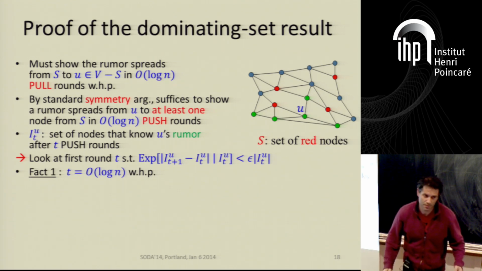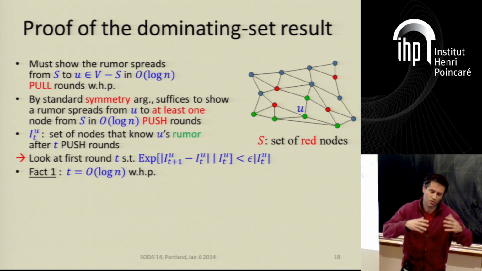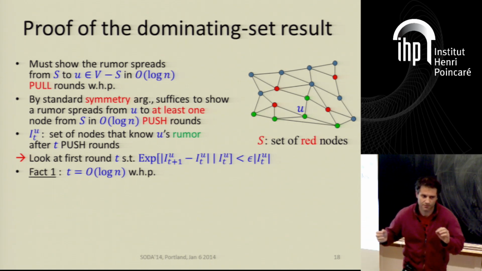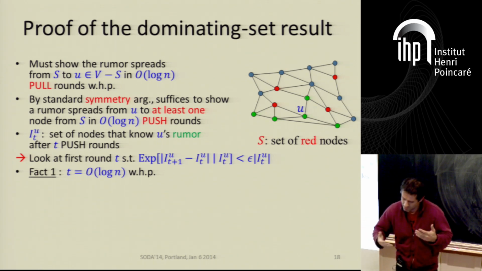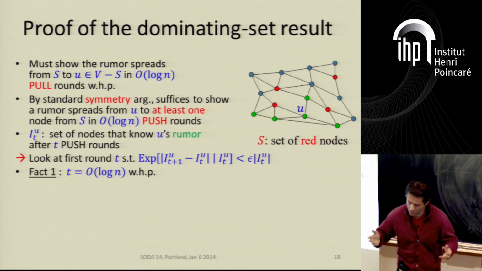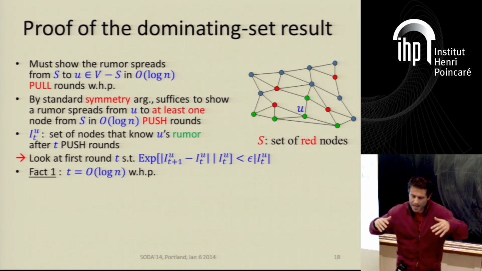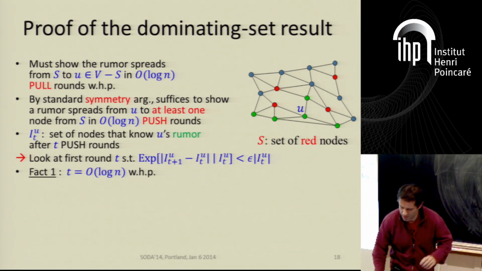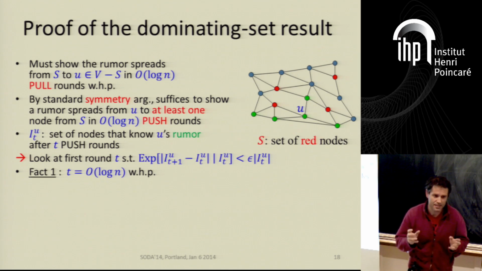And in order for this to be true, it must be the case that for most of the nodes, most of their neighbors or many of their neighbors are already informed. But because of this, we should be able to show some kind of upper bound on the degree of the nodes in terms of the size of the graph.